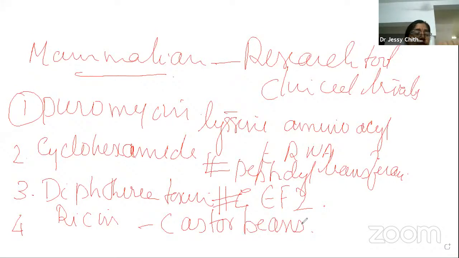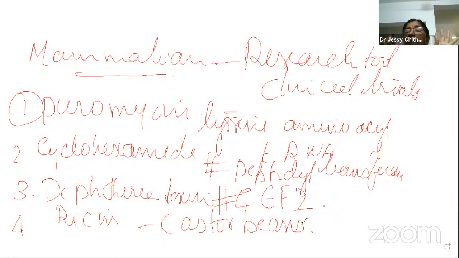If you are asked to write short notes on inhibitors of protein synthesis, you have to mention bacterial inhibitors and mammalian inhibitors. Under bacterial inhibitors come reversible and irreversible inhibitors. Irreversible inhibitors are streptomycin, neomycin, and gentamicin.